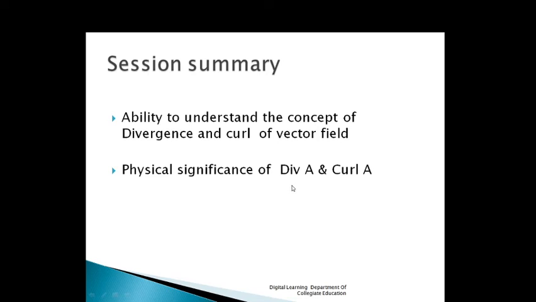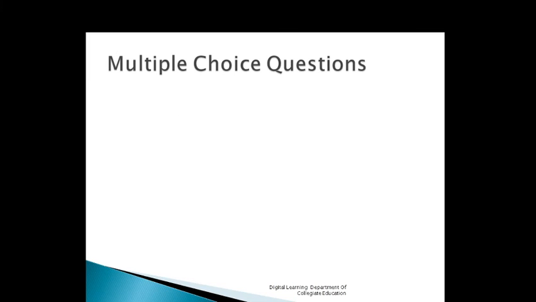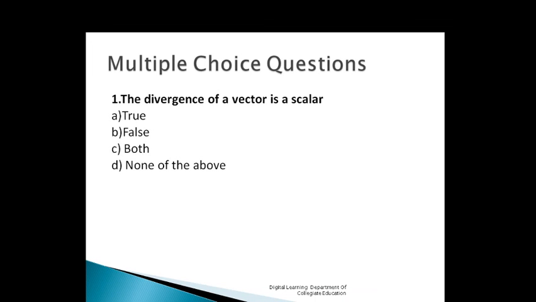From this session, we have understood the concept of divergence of a vector field and curl of a vector field, and the physical significance of divergence of A and curl of A. Now let us discuss multiple choice questions on the topic. First one: divergence of a vector is a scalar.